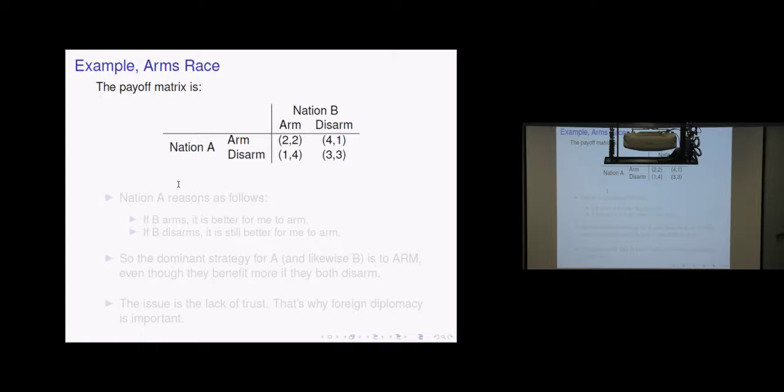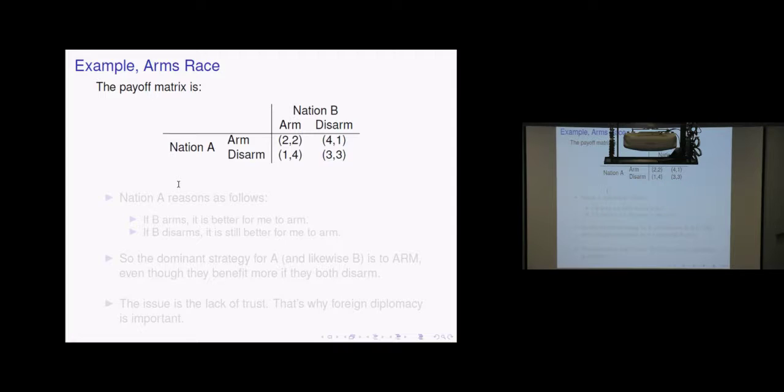If both of them arm, they'll get 2-2, or just some payoff. Now, if one country chooses arm and the other chooses disarm, then the one who armed himself will have an advantage, right? His reward becomes 4, and the other guy is getting worse, getting payoff 1.